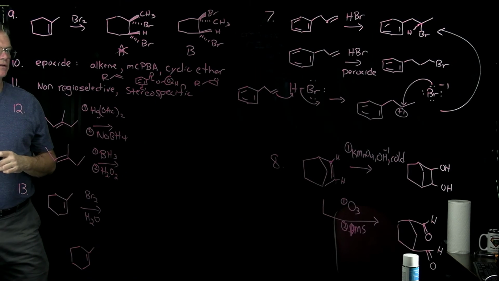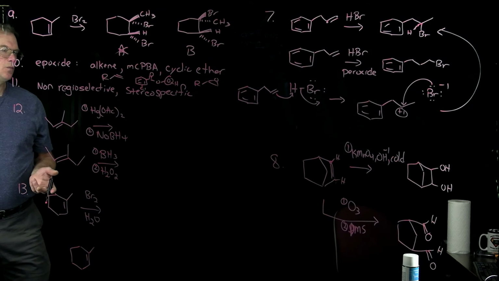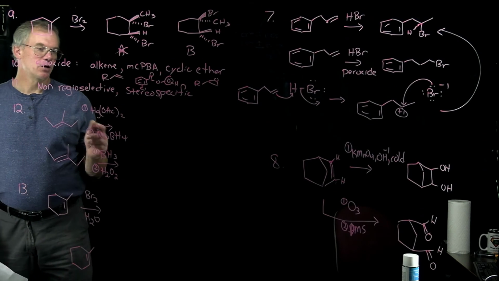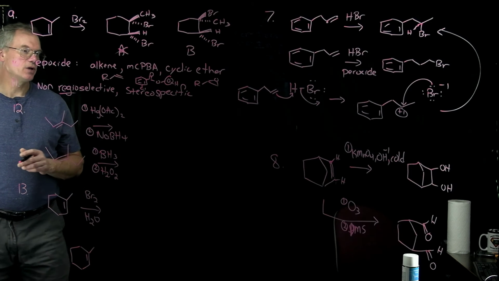we call an epoxide. Number 11, you're just asked about a hypothetical reaction that gives two possible outcomes in the manner of Markovnikov and anti-Markovnikov. And Markovnikov deals with regiochemistry.